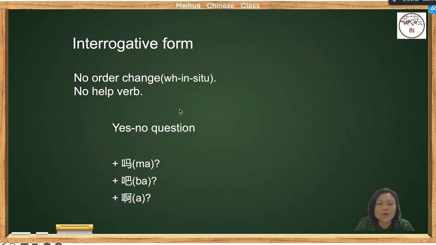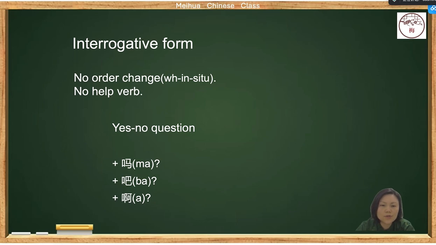For simple questions, for which the answer is usually yes or no, we add some character at the end of the sentence to indicate it's a yes or no question.